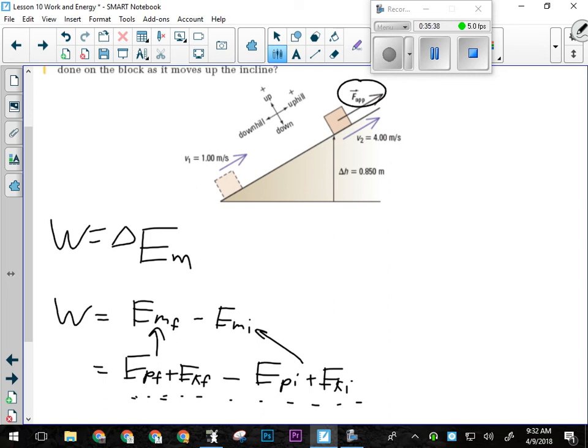I can take off initial potential. Since we're at the bottom of the hill, I don't have any potential energy initially. I only have the initial kinetic energy where I was moving at 1 meter per second. At the top of the ramp, I've got potential energy and I've got kinetic energy because I'm actually moving faster. The question told me that. Everyone okay with that so far?